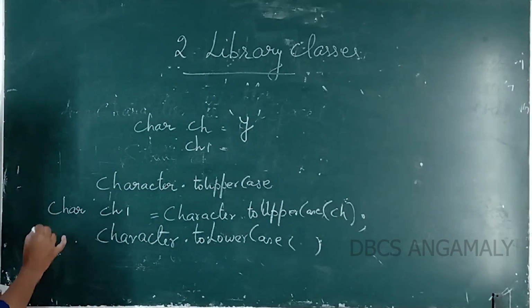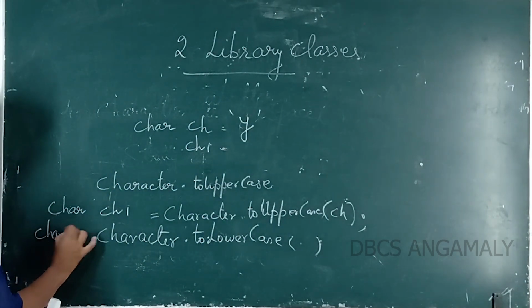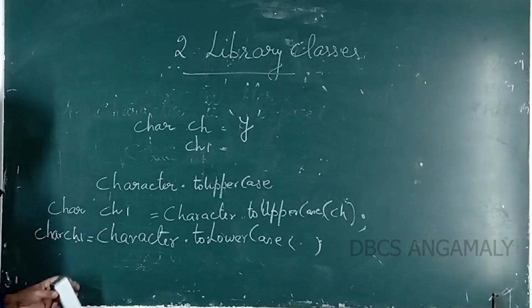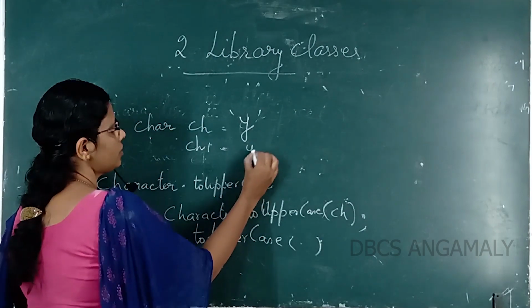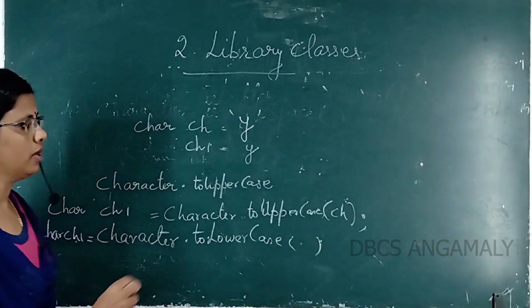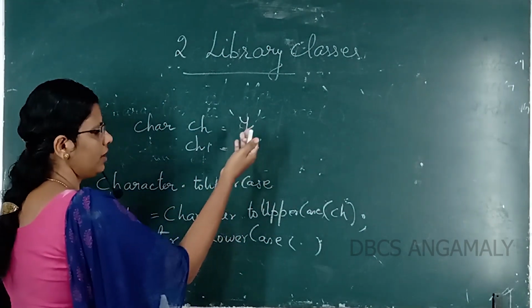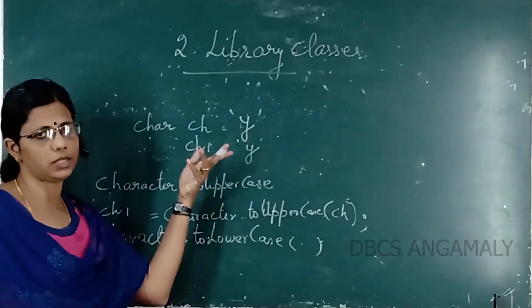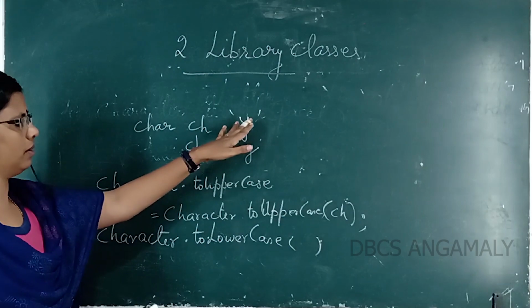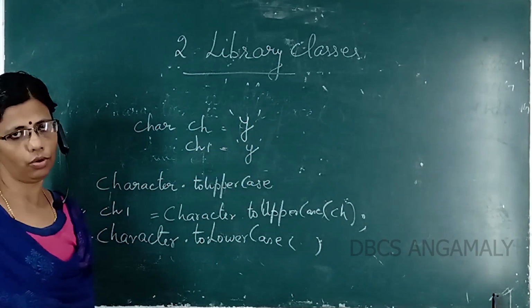Now when I run this particular coding, char ch1 = Character.toLowerCase(ch), what will be stored in my ch1? I will be storing small letter y. So this is what it is. Same thing if it is a number or if it is already lowercase, no changes. Only if it is uppercase, then it changes into lowercase.